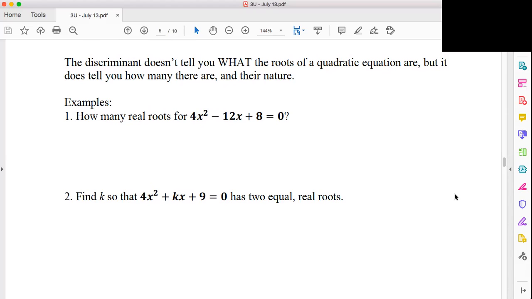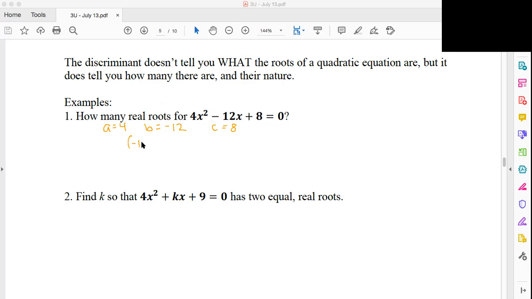Okay, so how many real roots for 4x squared minus 12x plus 8? We're going to label our values. We've got A, which is 4, B, which is -12, and C, which is 8.